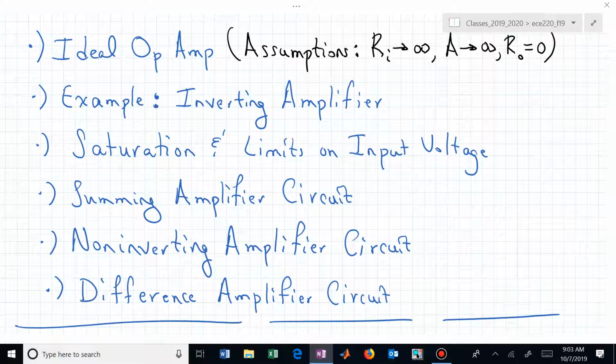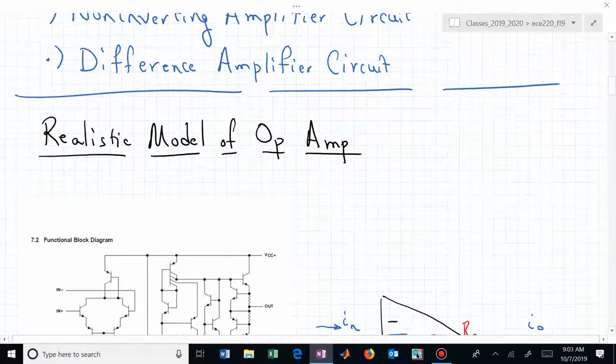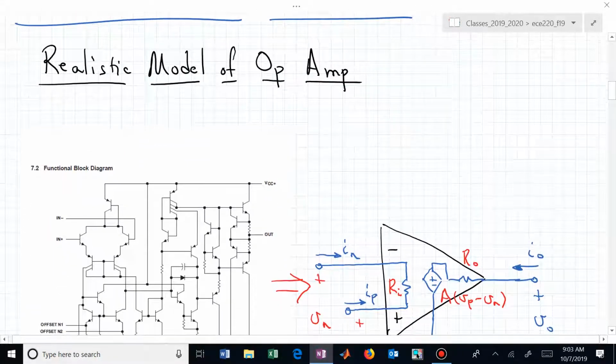Then we'll ask, do we always have to invert the sign? We'll look at connecting up a circuit that produces a non-inverting amplifier. And then we'll combine those two pieces, inverting and non-inverting, into a difference amplifier. That's where we're headed. I'm not sure we'll get all the way, but let's begin.